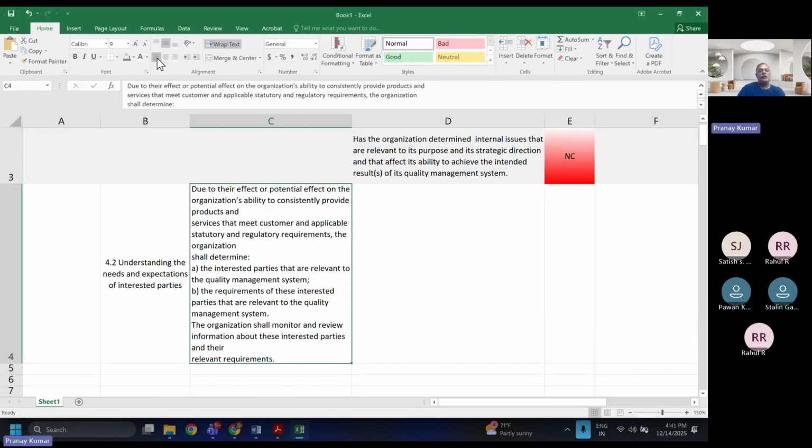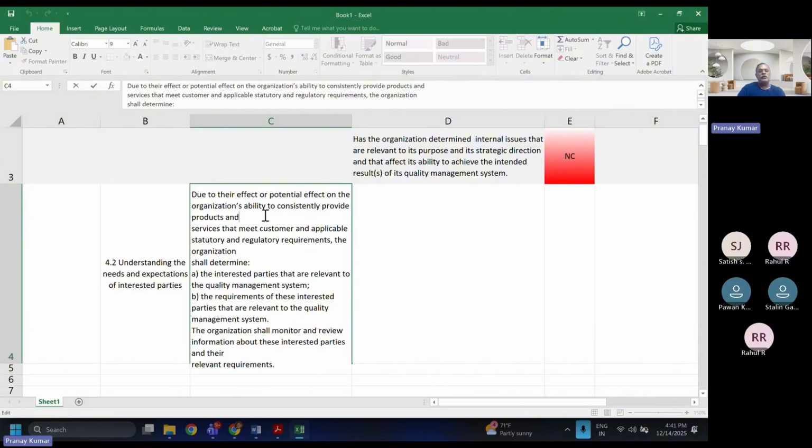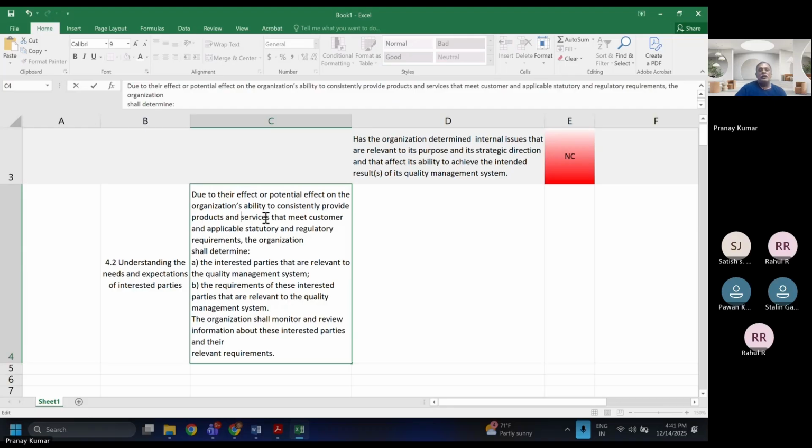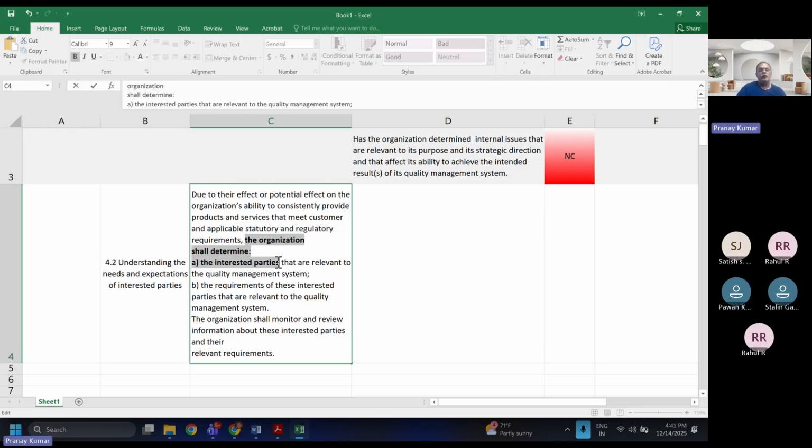It says, due to its effect on potential effect on the organization's ability to consistently provide products and services that meet customer and statutory requirement, the organization shall determine interested parties relevant to the quality management system and the requirements of these interested parties. This is what it is demanding.